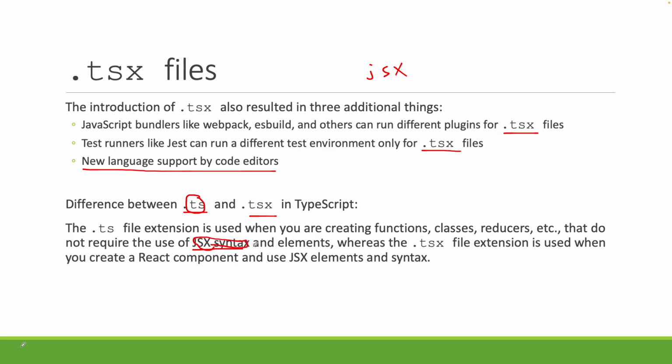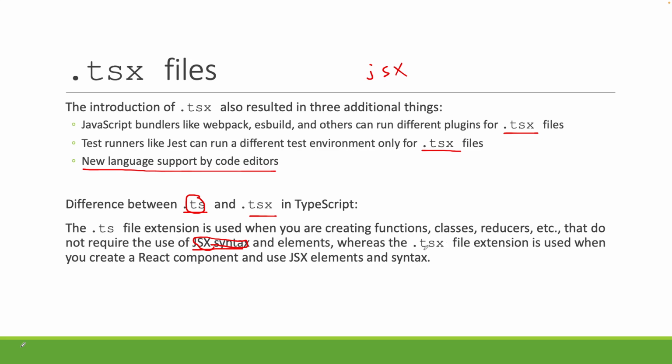JSX syntax is special syntax used in React for templates. Suppose you just create some function or an interface or class, it's not necessary to use a TSX. Well, the TSX file extension is used when you create a React component and use JSX elements and syntax.